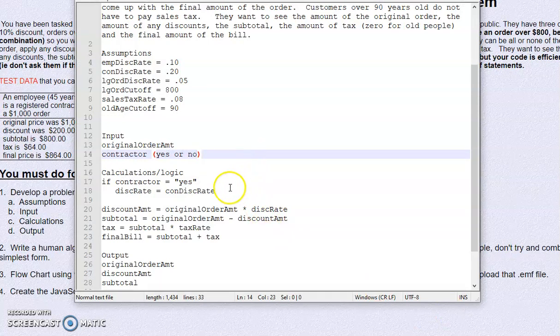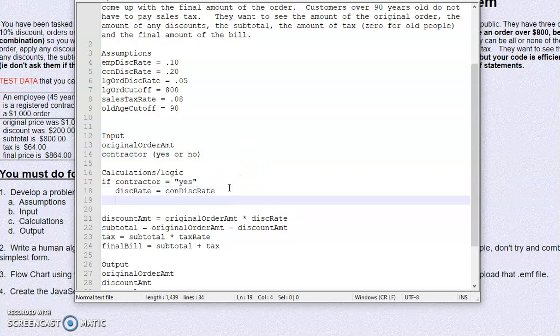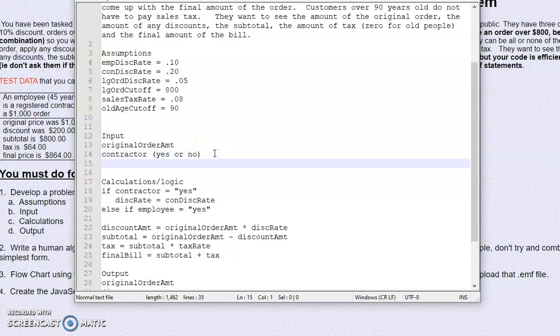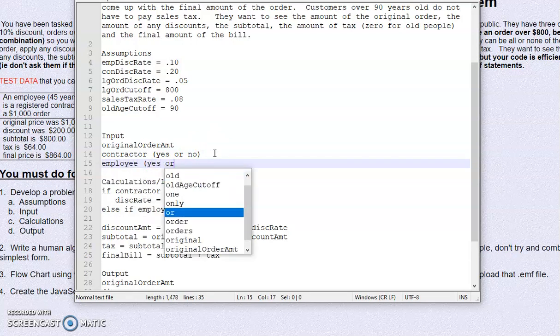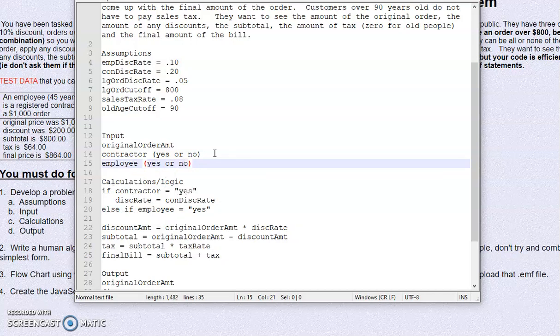All right, what if they're not a contractor? Then we say else, meaning they're not a contractor, if employee equals yes. So again, I have to have a question, employee, where they'll say yes or no to are you an employee?